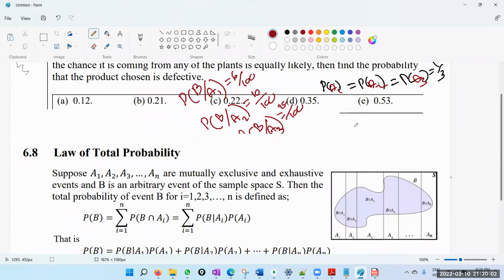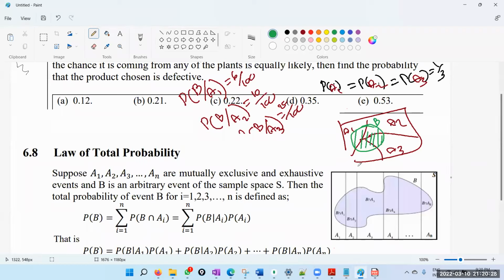Same thing, right? If you want, you can just draw it like this: A1, A2, A3, and let's say this is my B. Then someone will ask, what is the probability of B? Okay, so that is called total probability law.